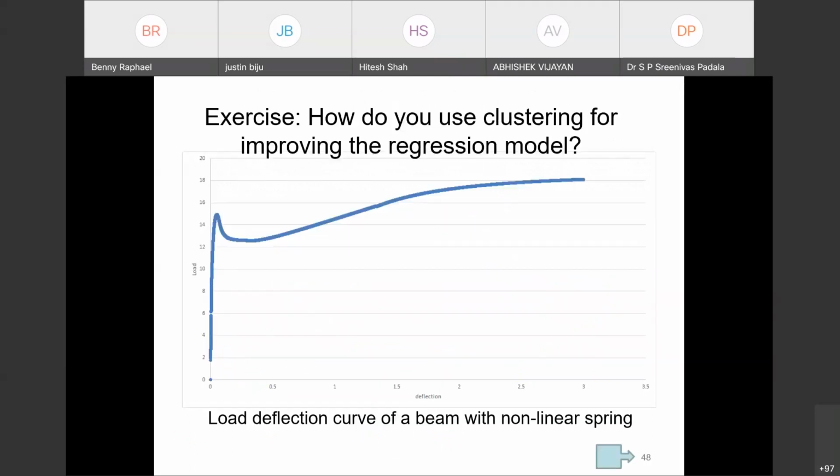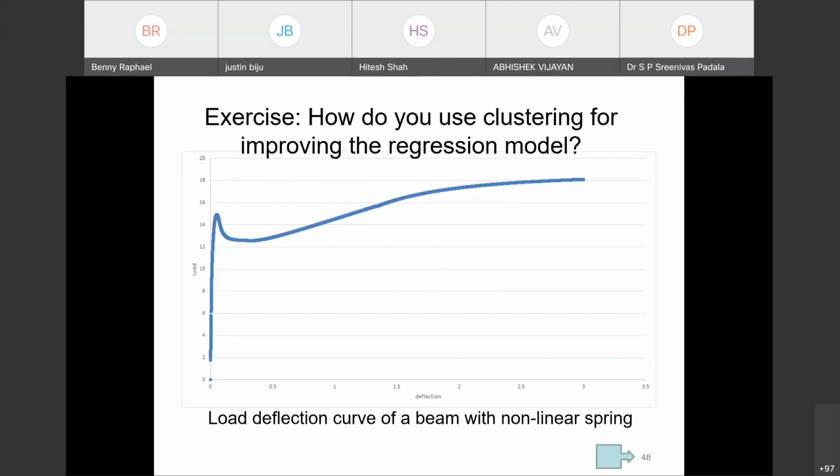Now, a practical use for clustering. One possibility is you can determine the clusters in your data set, and you can have a separate model for each cluster.